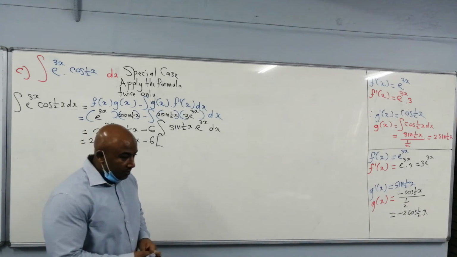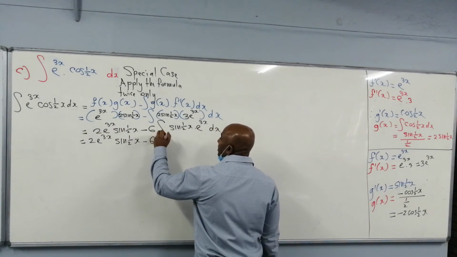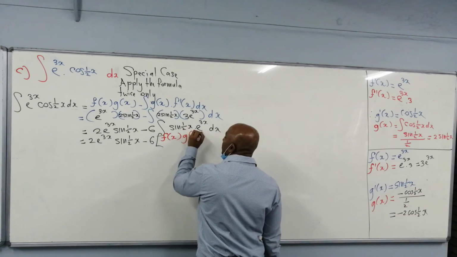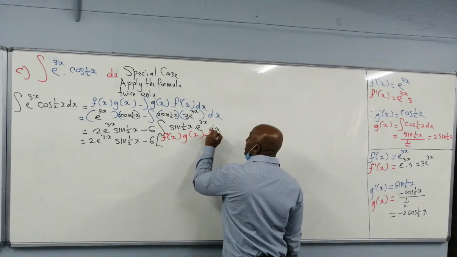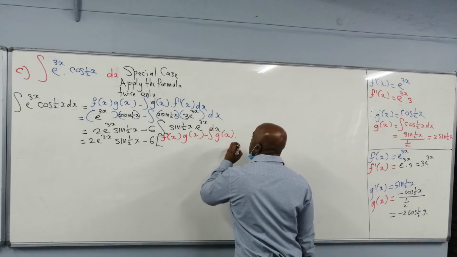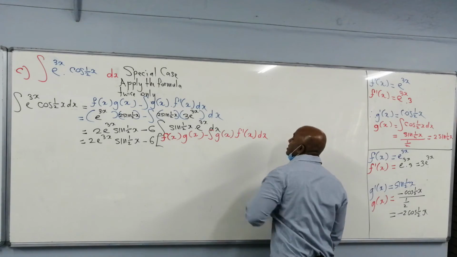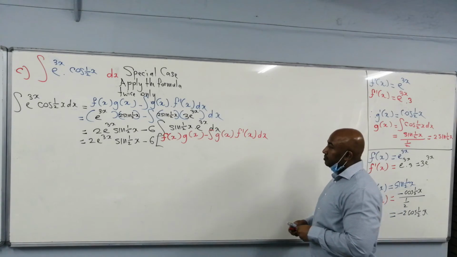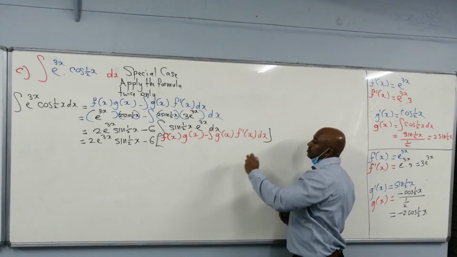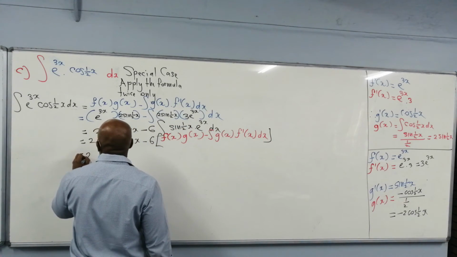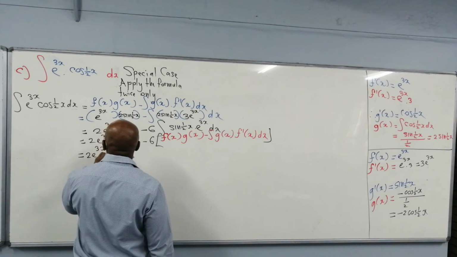You open your bracket there, and now you will apply the formula for the second time: f of x, g of x minus the integral of g of x, f prime x dx. And now let's do the substitution and see what happens after that.